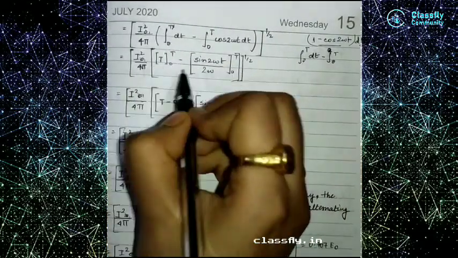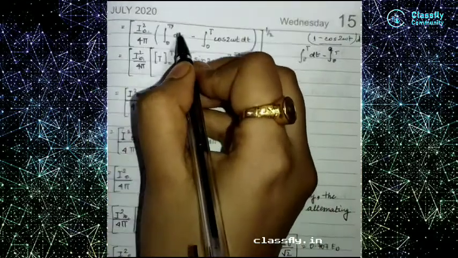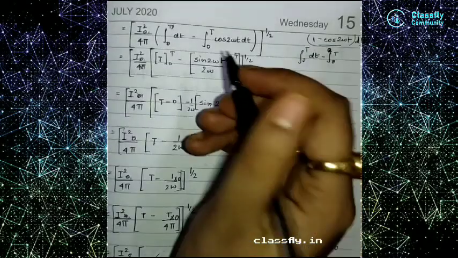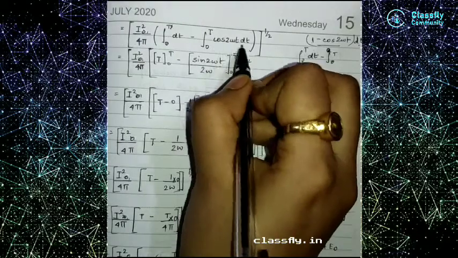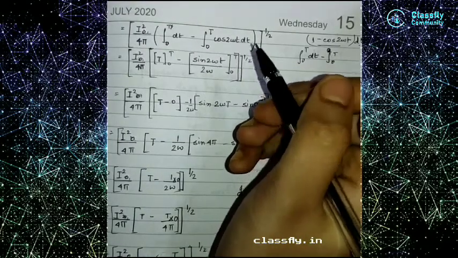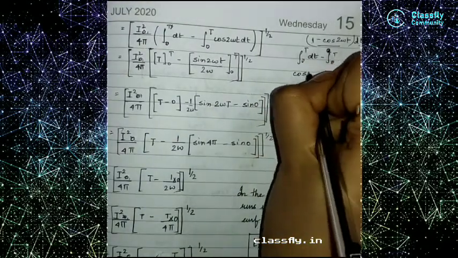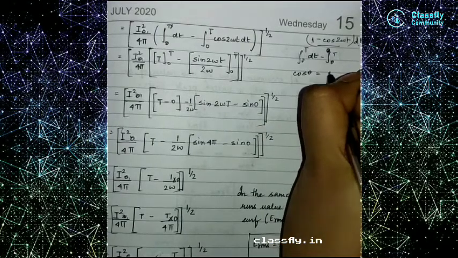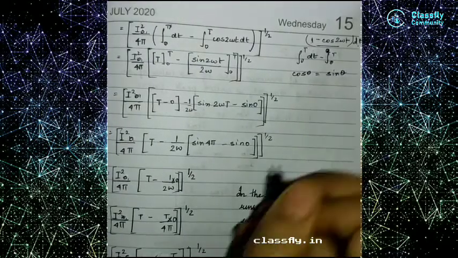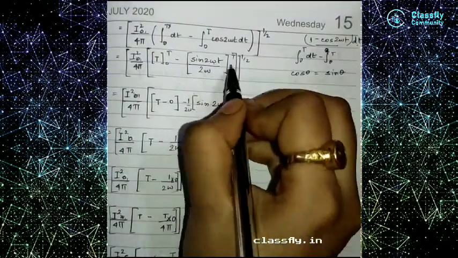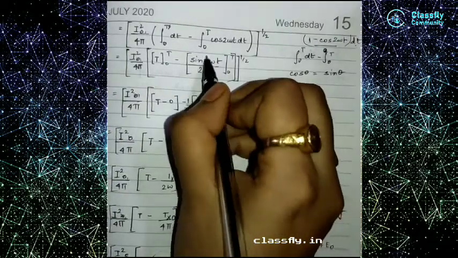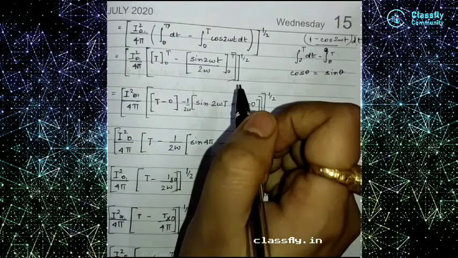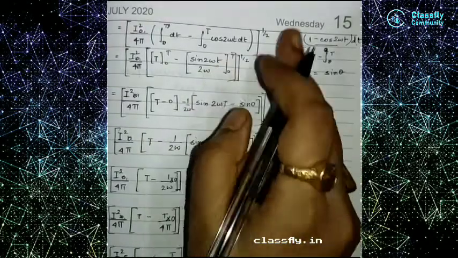Now when we solve the integration, the integral of dt is t, with lower and upper limits 0 and T. When we integrate cos 2 omega t, we know that the integral of cos theta is sin theta, and for 2 omega t we get 2 omega in the denominator.